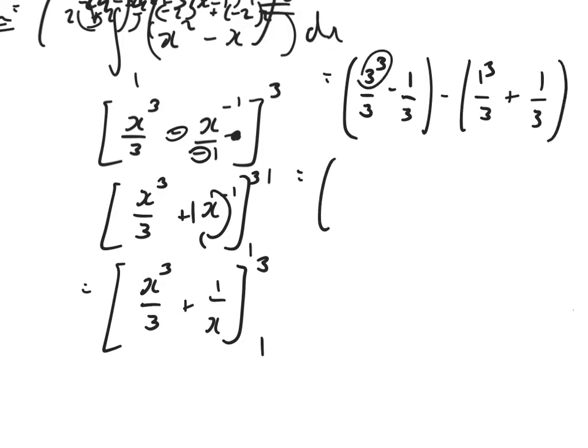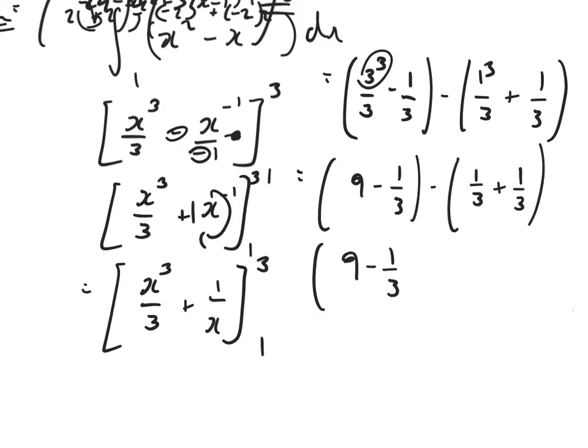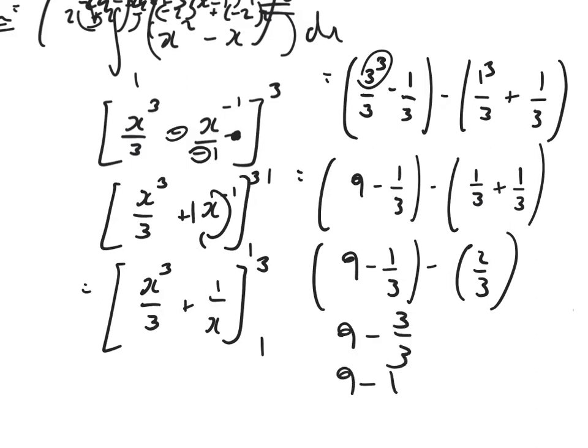Okay, 3 cubed is 27, 27 divided by 3 is 9, 9 minus 1/3, minus 1/3 plus 1/3. Okay, so I've got 9 minus 1/3 minus 2/3. So that's 9 minus 3/3, 9 minus 1, that's equal to 8.